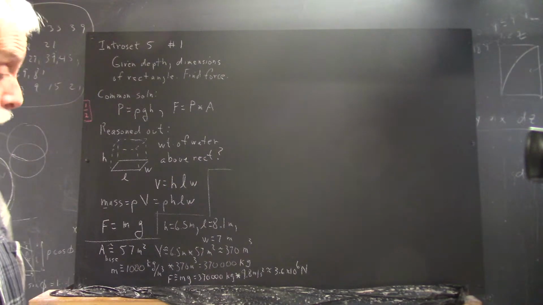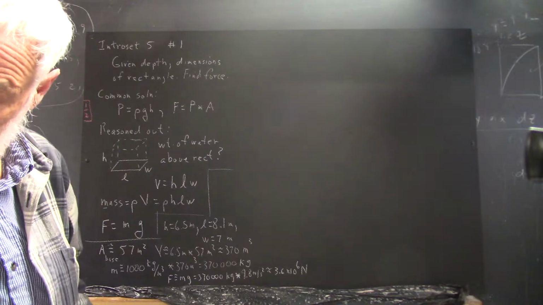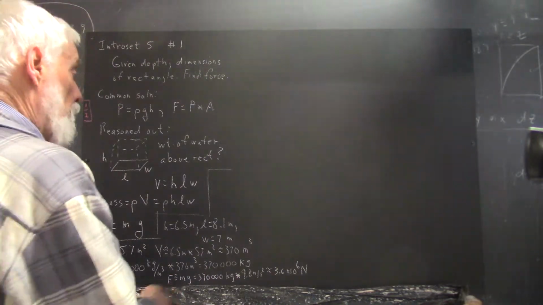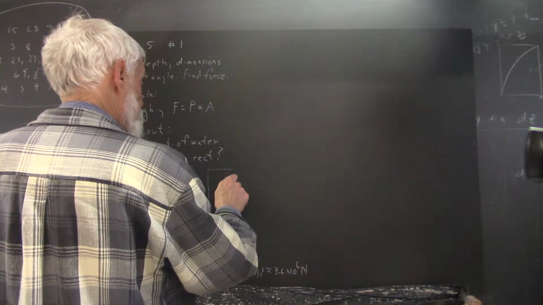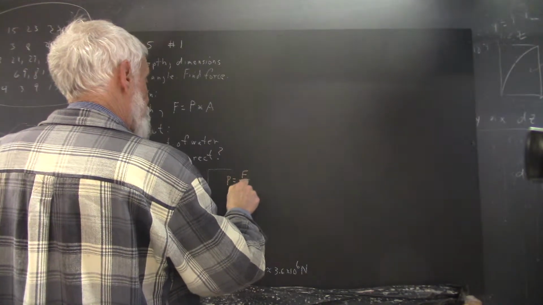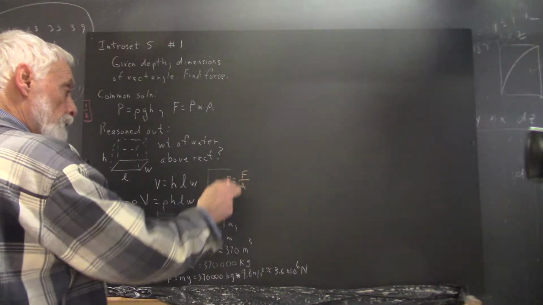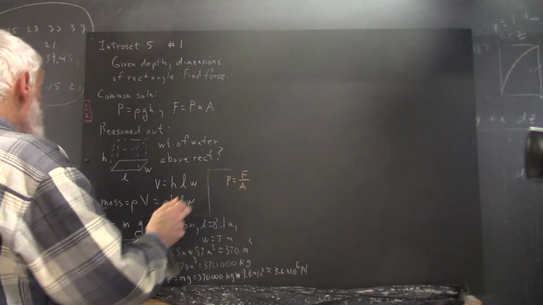Well, pressure is force divided by area, so I'll use a different color because we're extending the problem a little bit. The pressure is then the force divided by the area. Now this would be an average pressure. We take the entire force over the region, divide by the area.